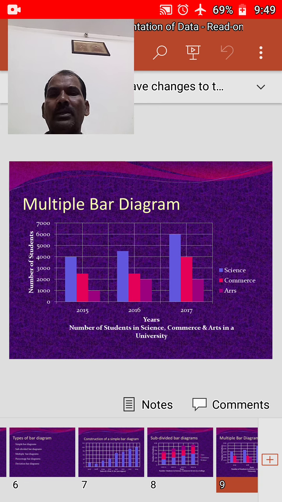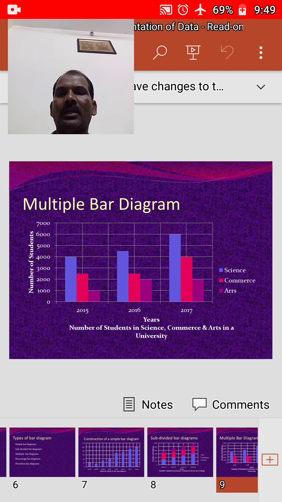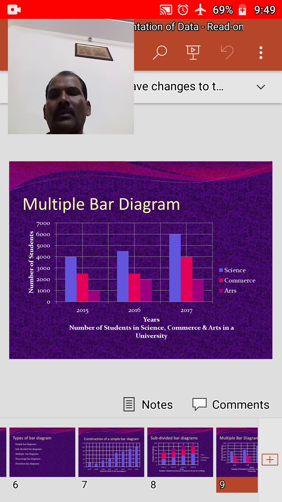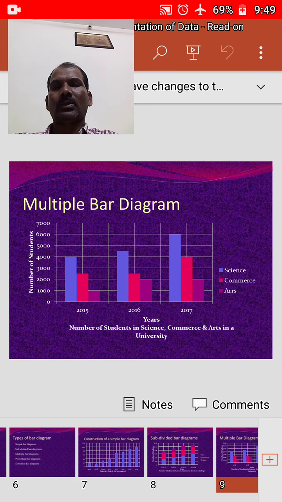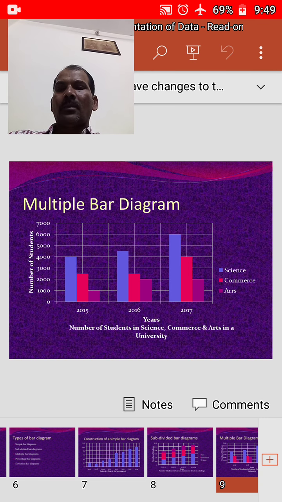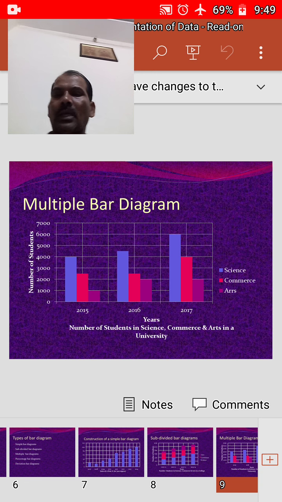We have taken 0 to almost 7000 on the y-axis, that is the number of students, and on the x-axis we have considered the years 2015, 2016 and 2017, where blue color shows science students, for example 4000.